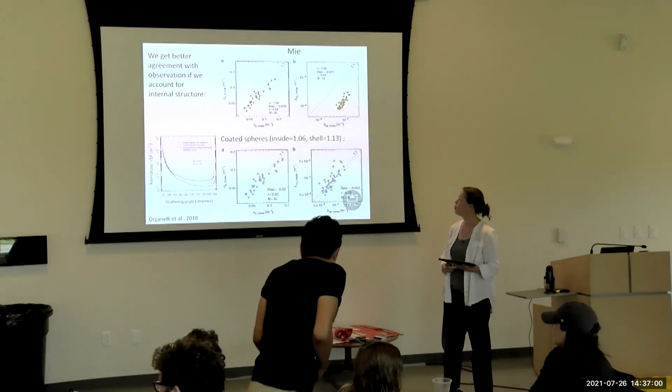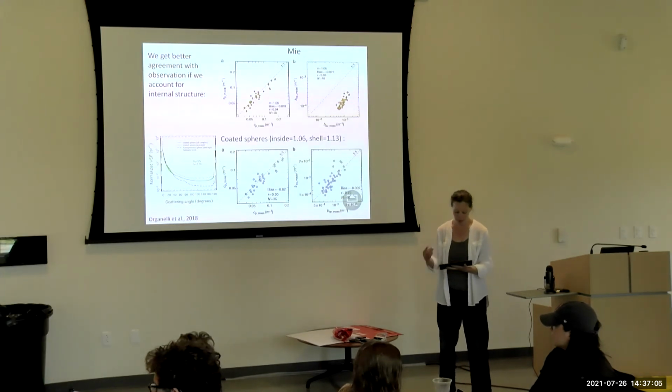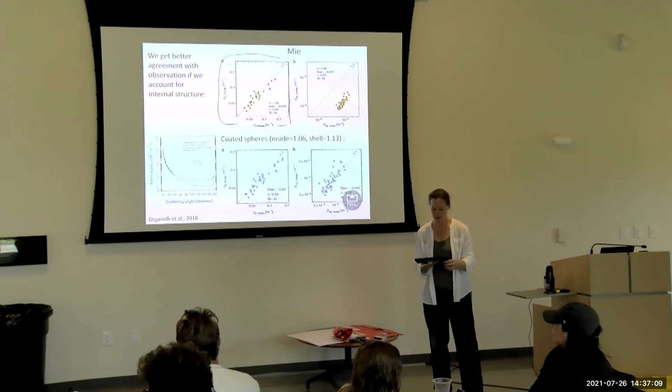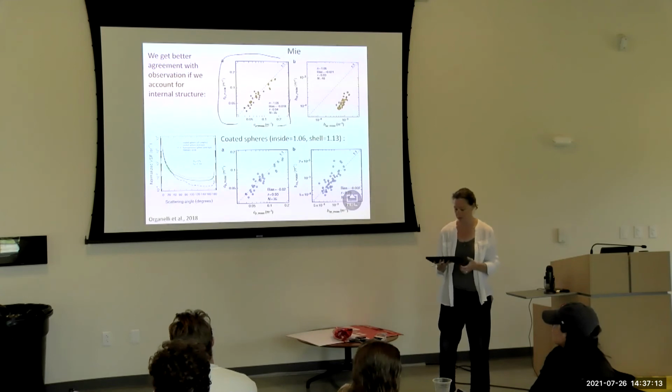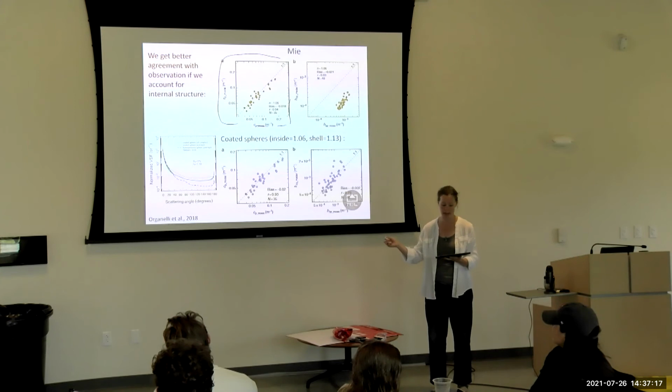They were able to do it pretty well with a Mie model for beam attenuation, right? So in the upper left panel here, plain Mie is able to reproduce beam attenuation relative to the measurements, but not backscattering, which is the upper right panel.